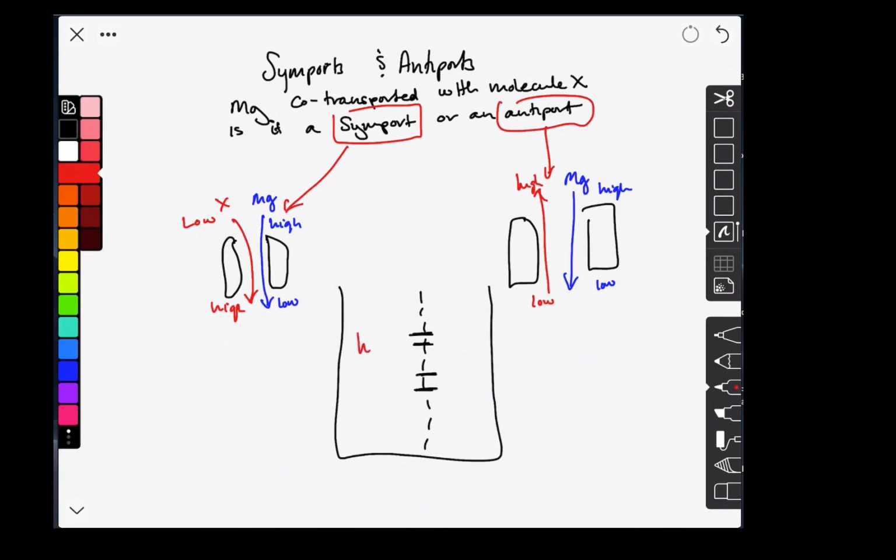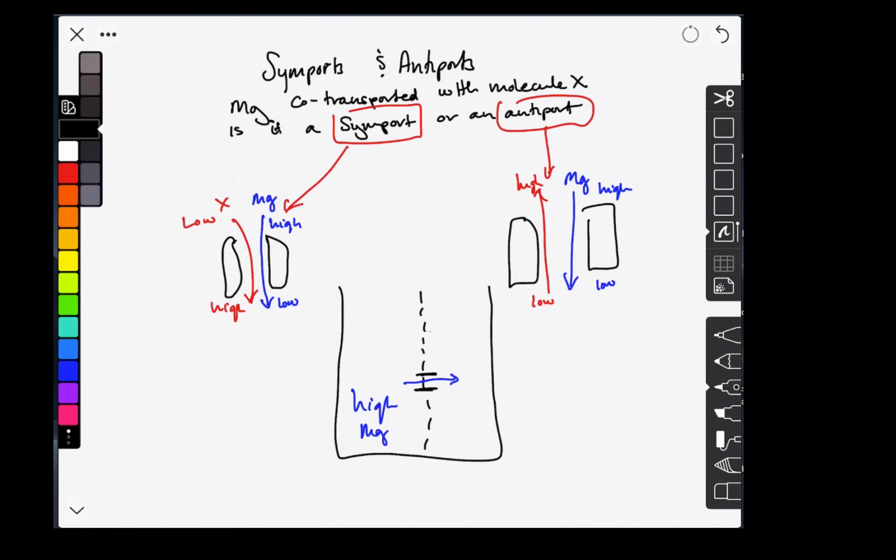If I've got high molecule X on this side and high magnesium on this side, magnesium's going to go high to low. If it gives the energy for molecule X to go low to high, then we'll see movement. If it doesn't, then we could try the alternative experiment.